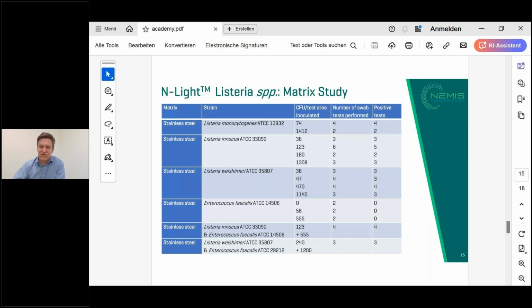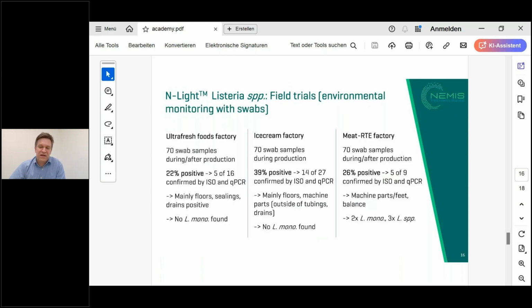So that's why we also went to field trials, and we did some environmental monitoring with our new test in an ultra fresh foods factory: 70 samples during production or of equipment after production, before cleaning.